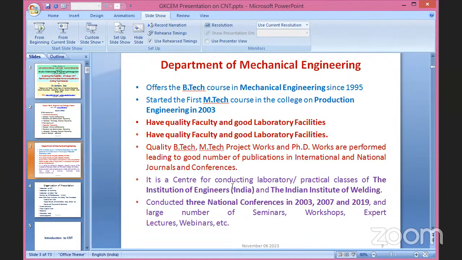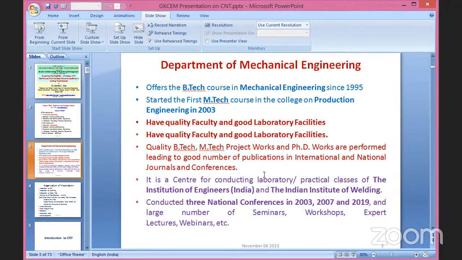And it is a center for conducting laboratory or practical classes of the Institution of Engineers India and the Indian Institute of Welding. We conducted three big conferences, one in 2003, which was the biggest, then 2007, and just before the lockdown, a good national conference in 2019, held with the centenary celebration of the Association of Engineers India, because they completed 100 years in 2019.